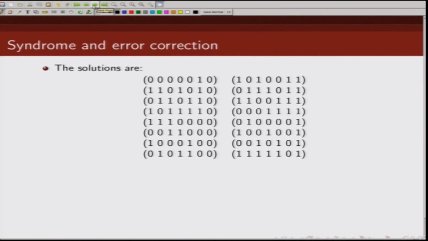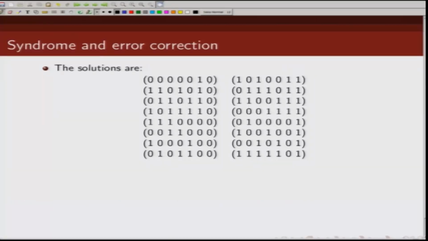As we said, the maximum likelihood decoding rule for a binary symmetric channel will choose the error pattern that has minimum Hamming weight, that is, the minimum number of ones. Among these 16 solutions, the one with minimum Hamming weight is this. The others have 4 ones, 4 ones, 5 ones, 3 ones, 2 ones, while this one has the least number of ones.